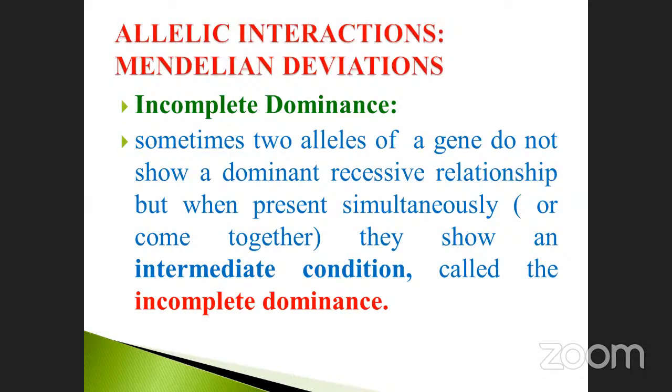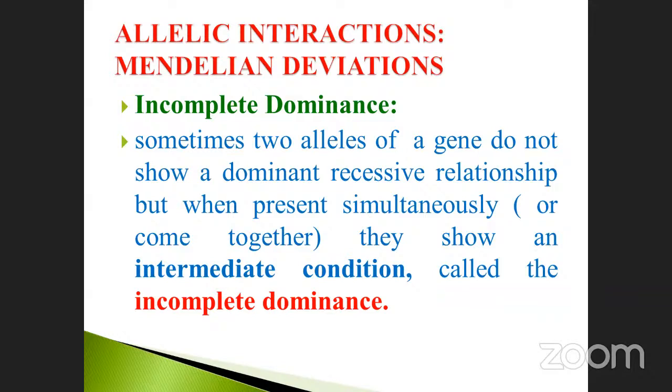allelic interaction and Mendelian deviations. For allelic interaction, they have given us examples. Incomplete dominance, we already saw a little bit in this portion. So what is incomplete dominance? Suppose we hybridize any one of the plants, what happens?